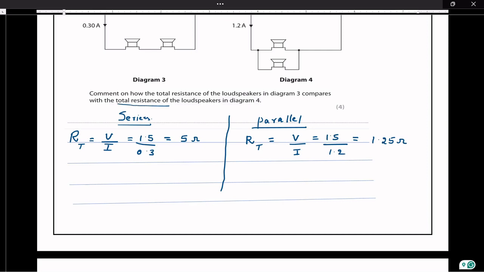So they are asking to compare the total resistance. When you compare 5 ohms with 1.25 ohms, the second one is for parallel.